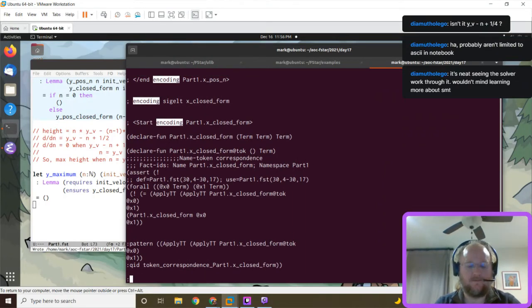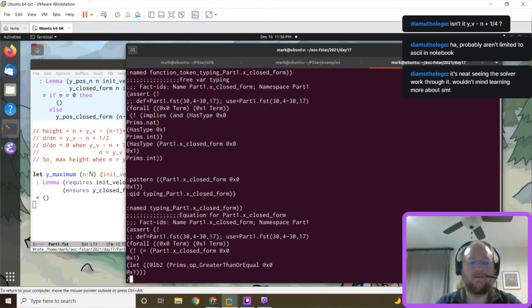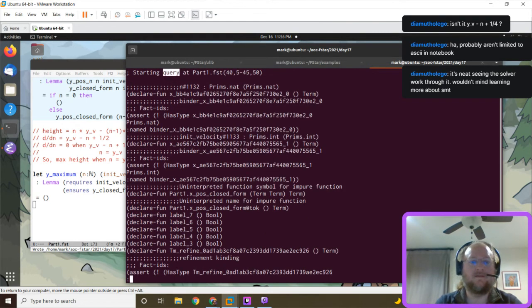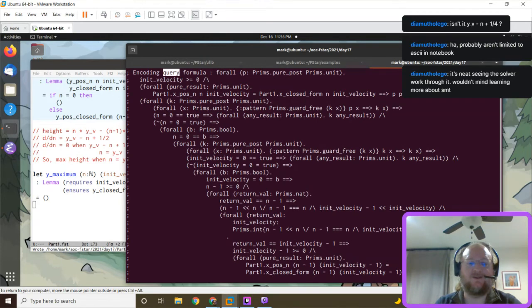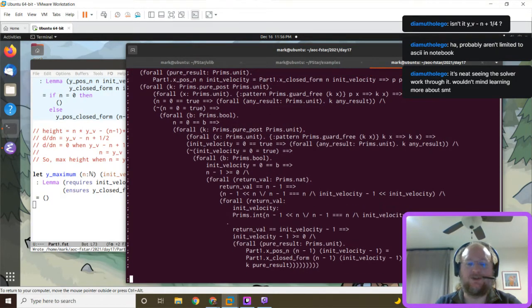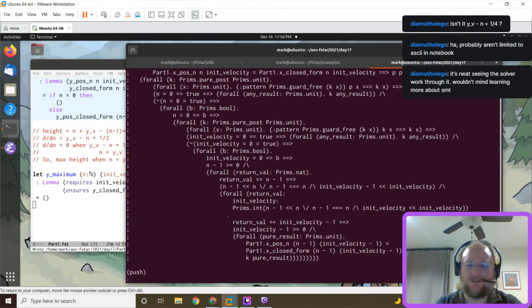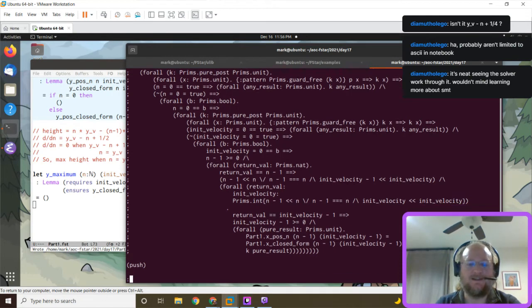And so here's the much more complicated query it sent to verify our lemma. Unfortunately, there's a bunch of stuff in here where it's checking the total effect at the same time as it's checking our formula. But if you sort of squint at this, you can see the inductive hypothesis in the base case here.